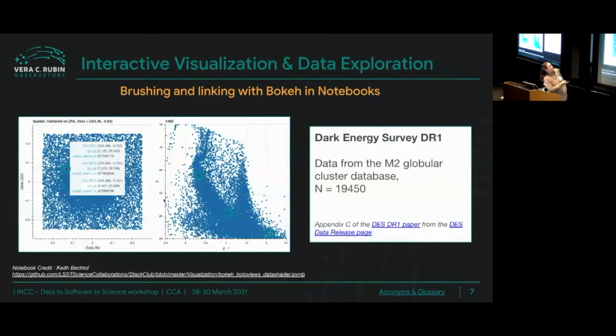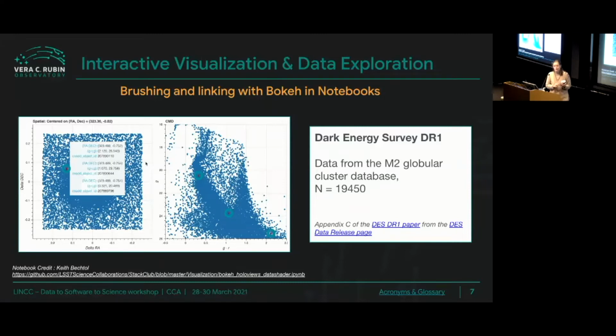Here's an example of an interactive visualization using the notebook aspect. This was provided by Keith Bechtol. A query has been executed centered on a position in the sky. The data is returned. This is using the Dark Energy Survey's DR1 data set. You can find the link, the reference to the exact data set if you want to reproduce it here. It shows you an example of advanced visualization you can do with these notebooks.